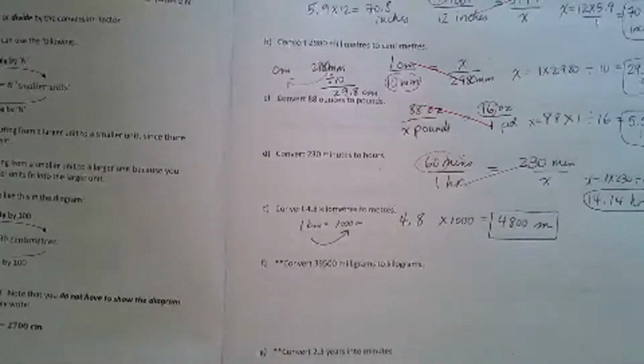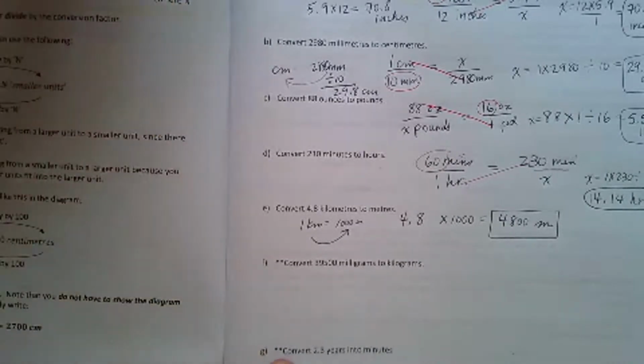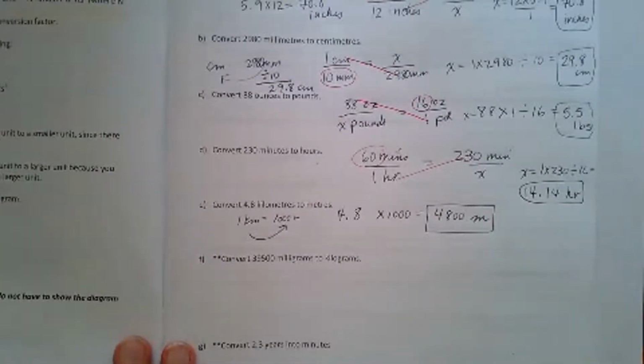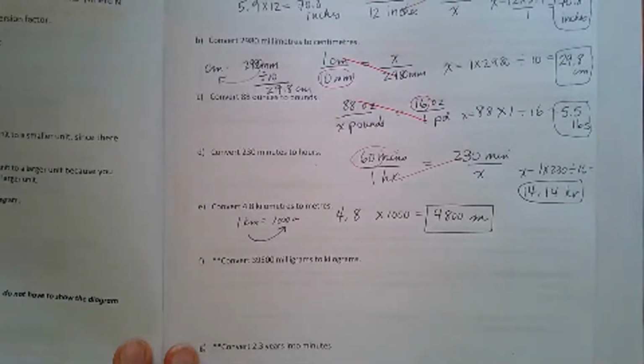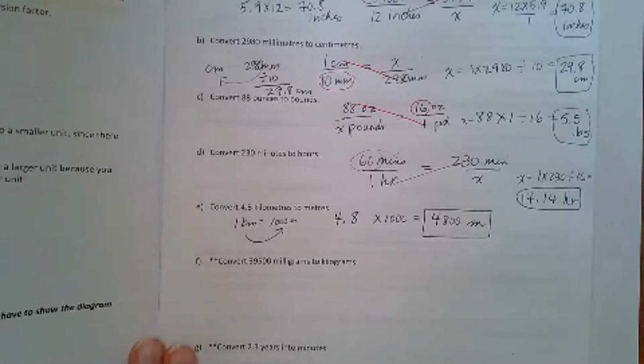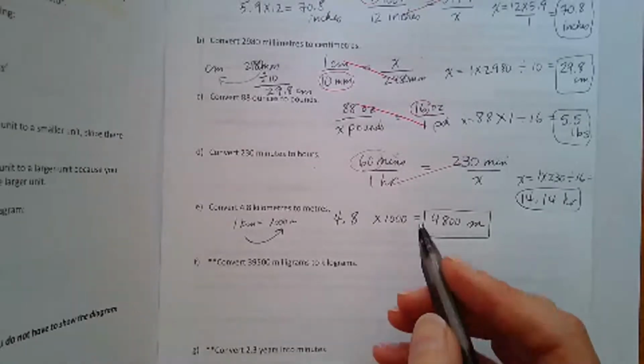And finally, okay, they've got this double star. That usually means something's pretty tough. So let's see. Milligrams to kilograms. When I look at my chart, I don't have a direct conversion from milligrams to kilograms. So what I could do is convert to grams first, then convert to kilograms.